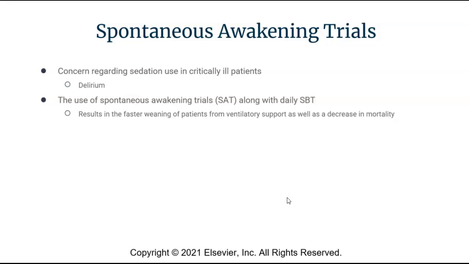So these are scores that just tell you how well your patient's sedated. At the bottom of each of the charts, it tells you what the ideal score should be. So the Riker score, ideally you want it to be 4. Anywhere from 3 to 5 is acceptable. For the Ramsay, it's anywhere from 2 to 4 is acceptable, but ideally 2.